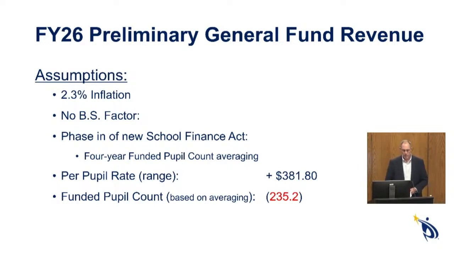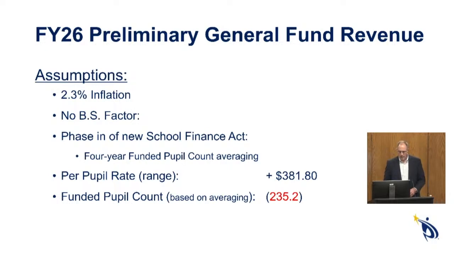Primarily, remember that now we're looking at a 4-year funded pupil count averaging mechanism as opposed to the previous 5-year mechanism, and also as opposed to what was initially proposed as a 0-year average. We're also expecting that this is a tiered averaging mechanism in the new formula that's supposed to move to a 3-year averaging the next year, then 2, and then work its way out of the school finance formula.